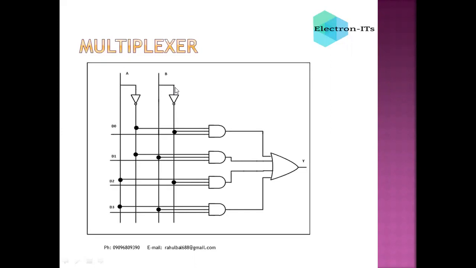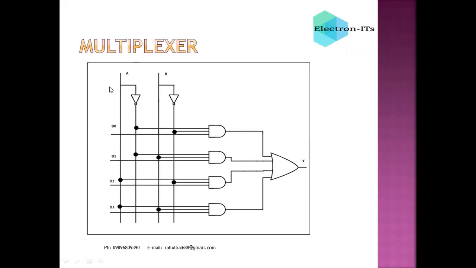It passes a particular input towards the output depending on the values of the select lines. As the name indicates, it is a many-to-one type of circuit. That means it will have many inputs and one output. So only one output is there, which is Y, and many inputs D0, D1, D2, D3, and select lines A and B. Depending on the values of these select lines, a particular input will go towards the output.